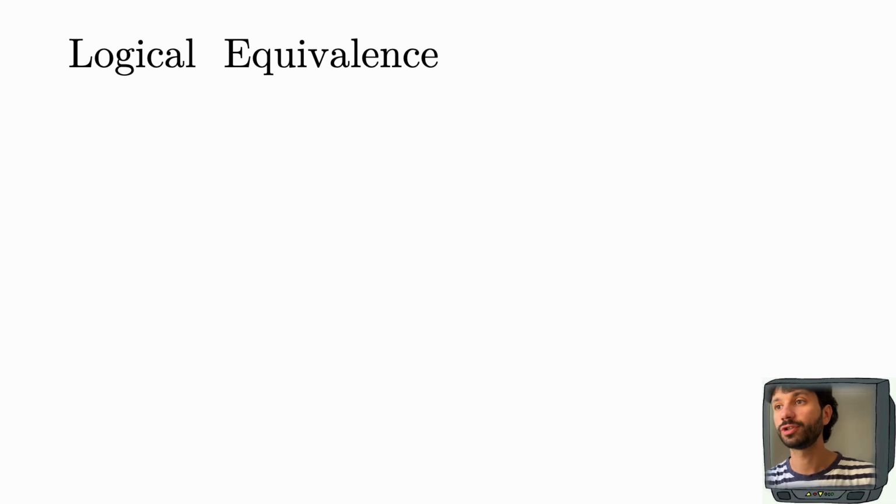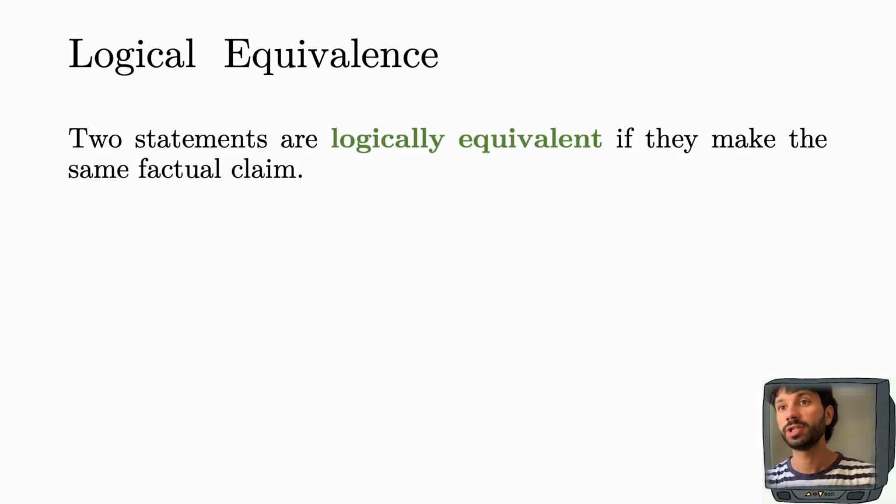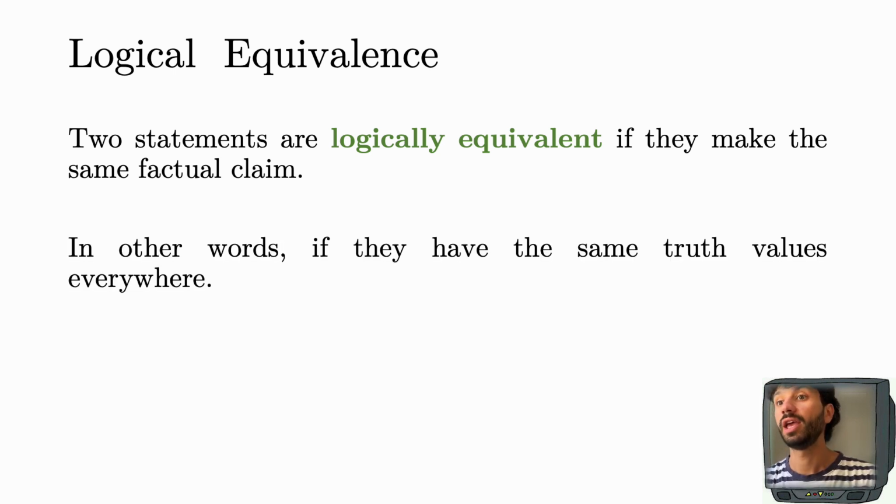So what does it mean for 2 statements to be logically equivalent? Here's the definition. 2 statements are logically equivalent if they make the same factual claim. In other words, if they have the same truth values everywhere. So if 2 statements always have the same truth values, then they're logically equivalent.